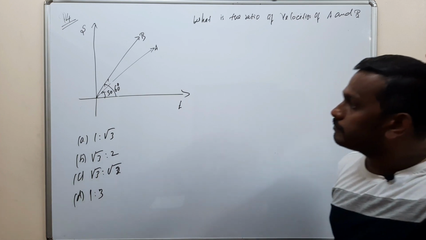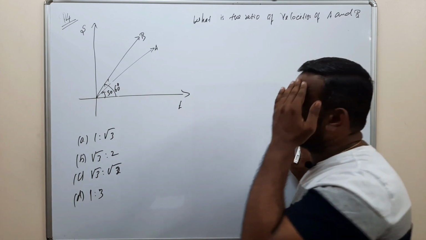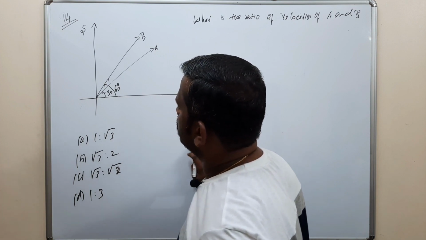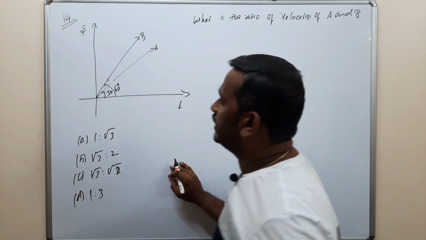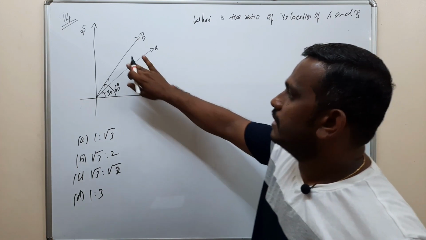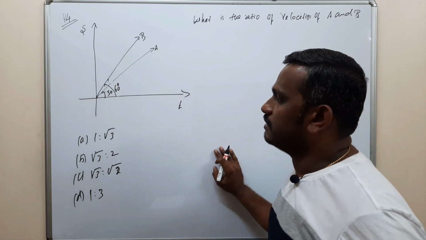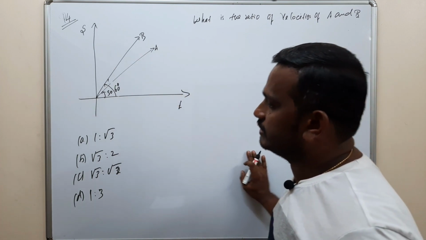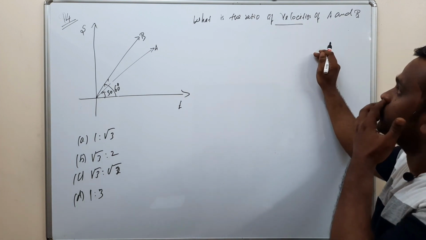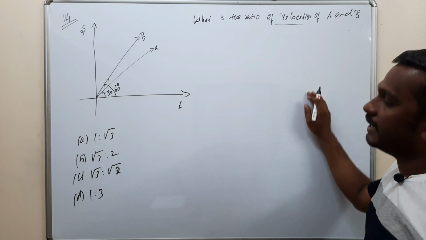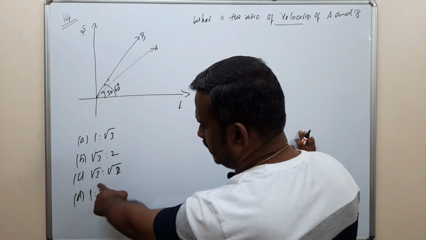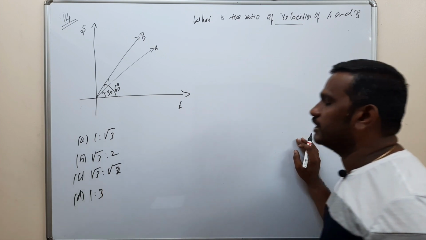So the displacement time graphs of two particles A and B are inclined with the time axis at 30 degrees and 60 degrees, and we have to find the ratio of the velocities of A and B.